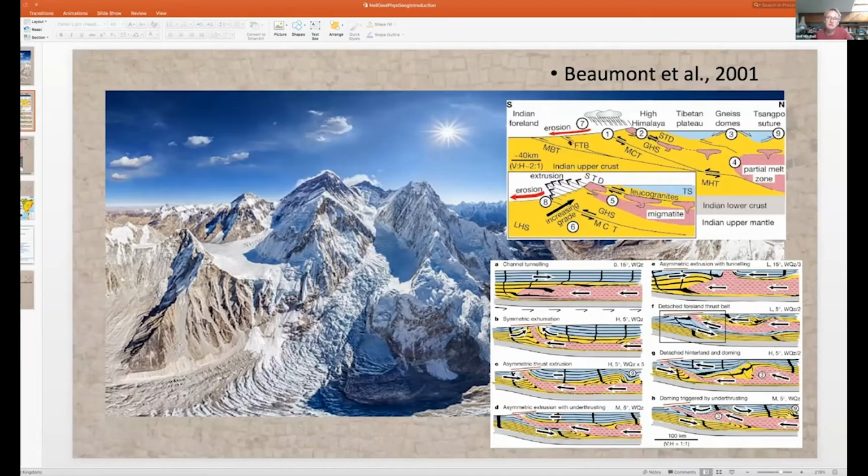Without erosion, the plate tectonics would stop because it'd be impossible to keep pushing the Himalayas up continually. As erosion removes weight from the landscape, it allows plate tectonics to keep pushing new material up, and that's why we see very old and deeply buried rocks at the surface.